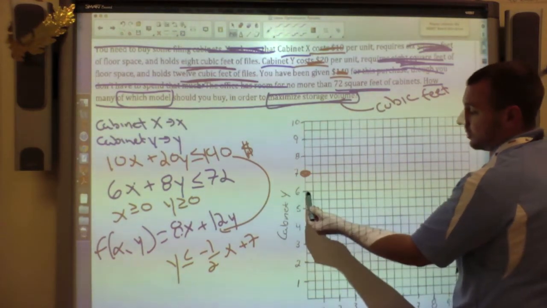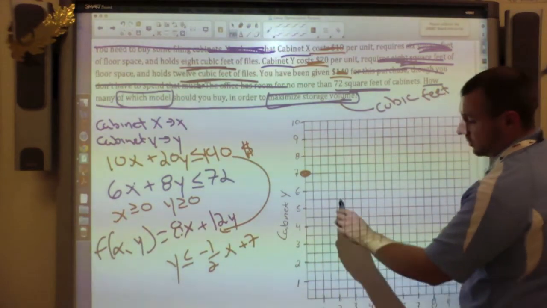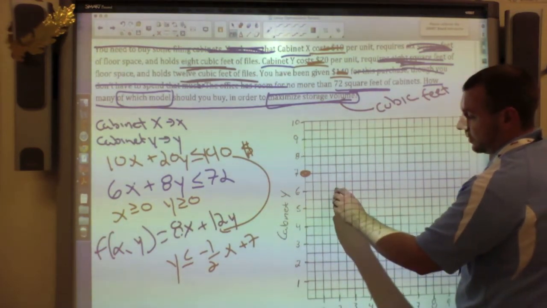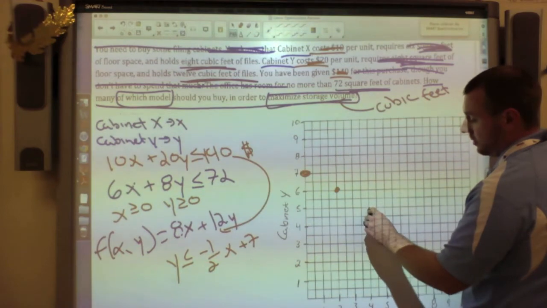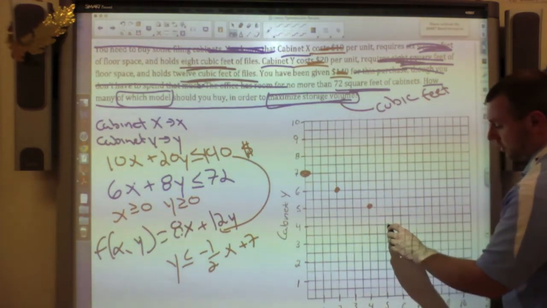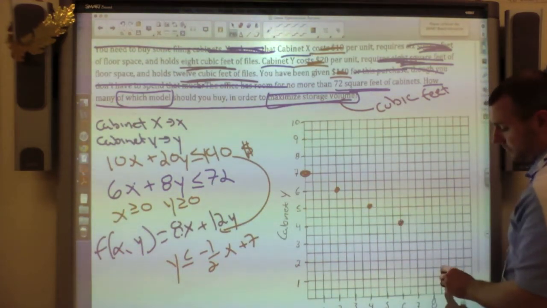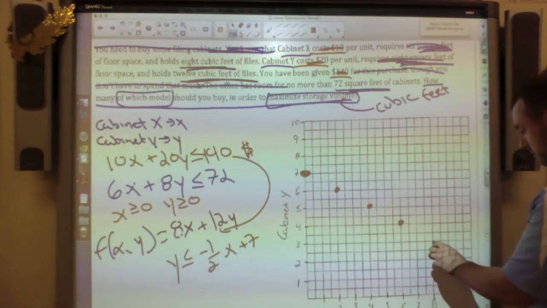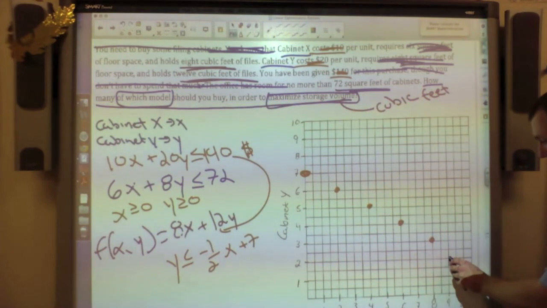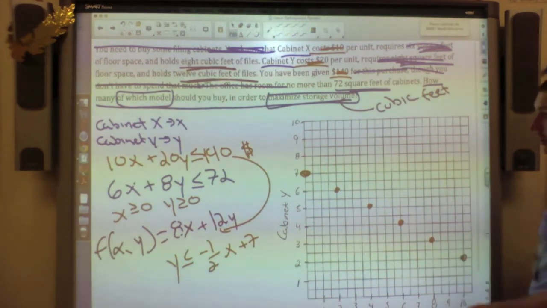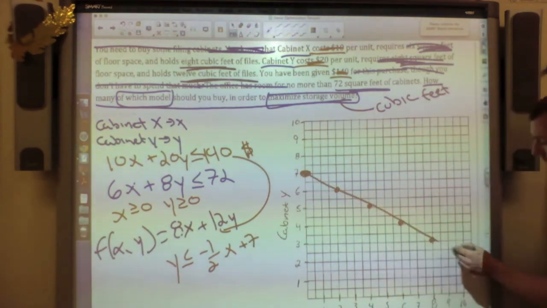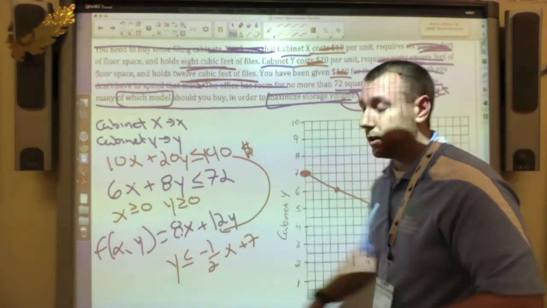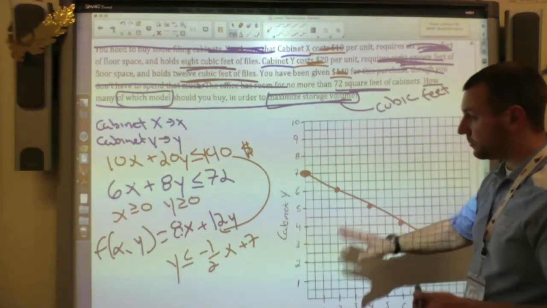So I'm going to go down 1 over 2. Down 1 over 2. Down 1 over 2. Down 1 over 2. So that is my first equation, and it's less than, so it's shaded below.